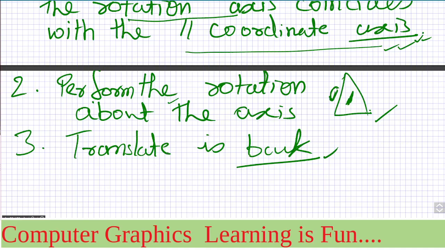So here you can perform the rotation as well as translation on your pixels, or your positions, I should say.